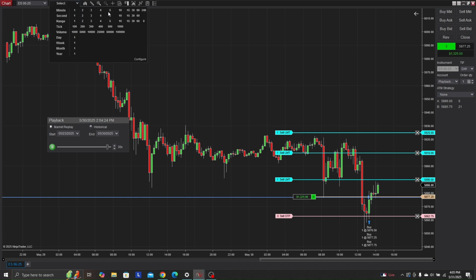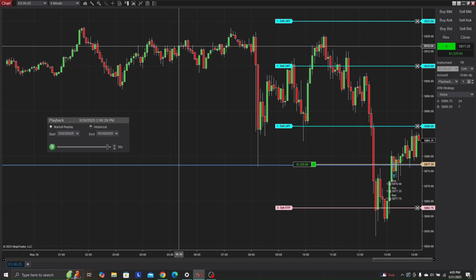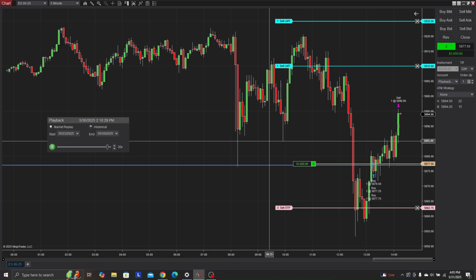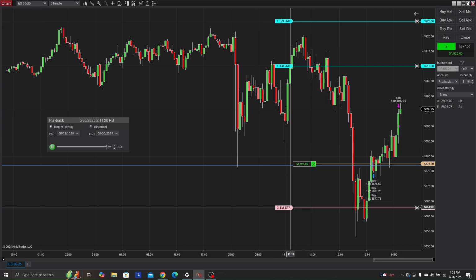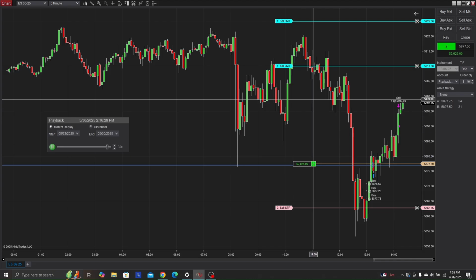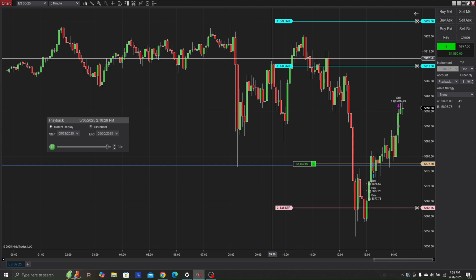All right, maybe I'll get down to the 5-minute chart here as we get close to that take profit level. Oh, take profit 1 hit, and it continues on up. Now, for trade management here, after take profit 1 hits, you might want to move your stop to break even, or a few points into break even. That could be good. Maybe you want to trail your stop along the way in case it doesn't hit the targets.